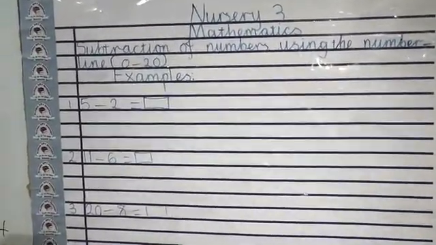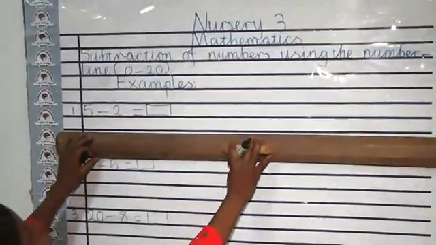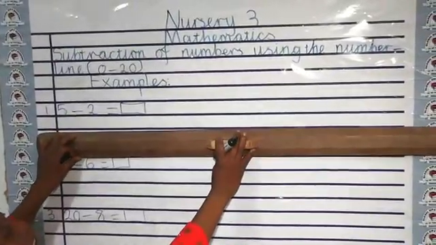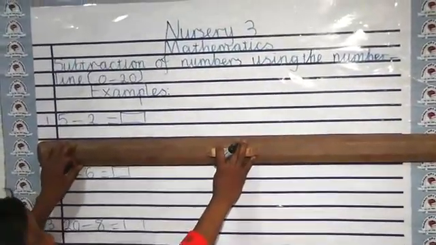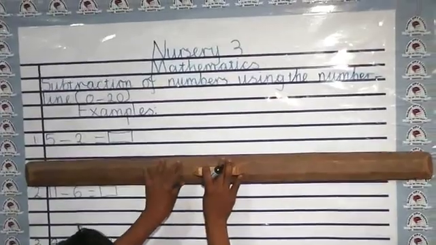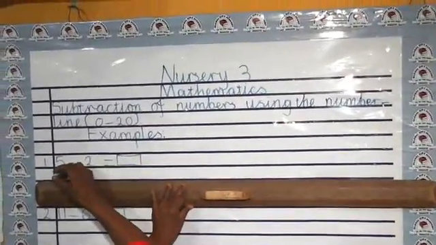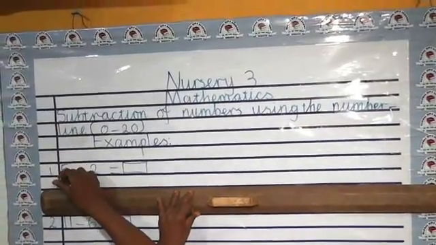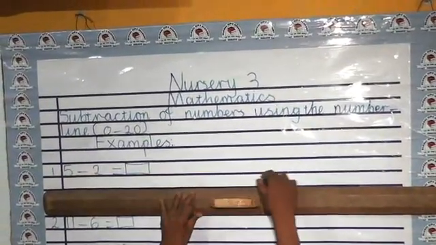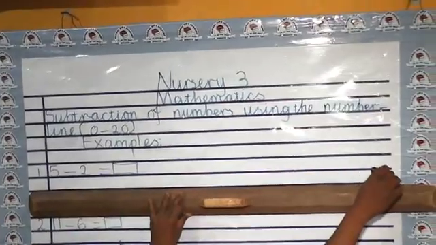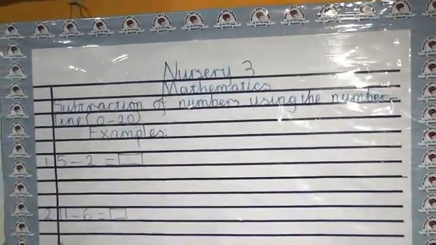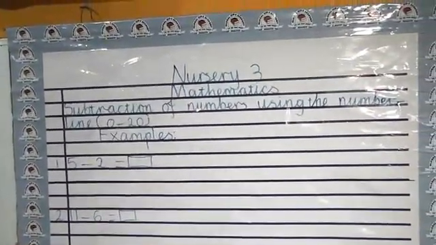You pick your ruler, you place it on the line. Let it be straight, okay? You place it on the line, pick your pencil, you start from this other line to the last line, okay? We formed our line.